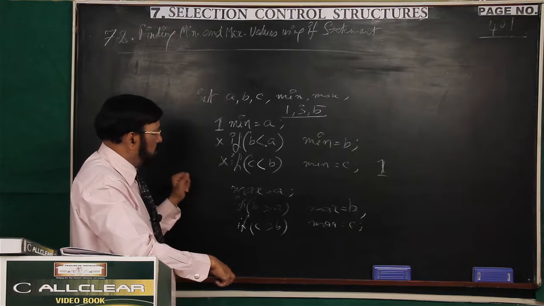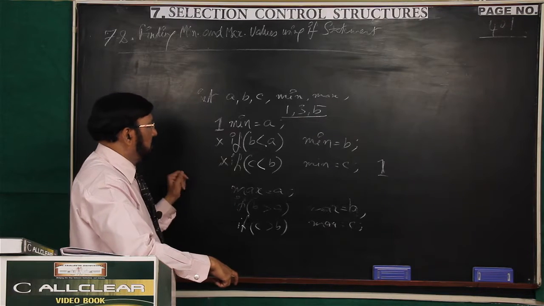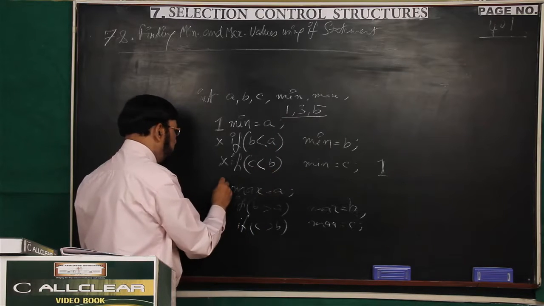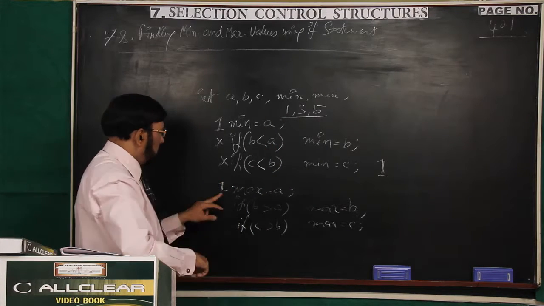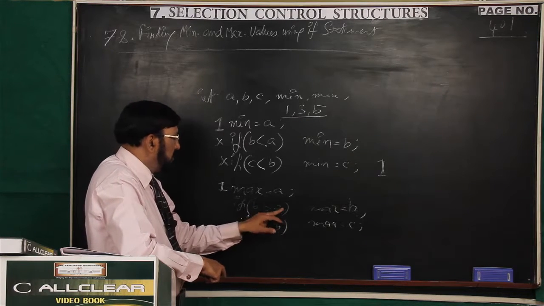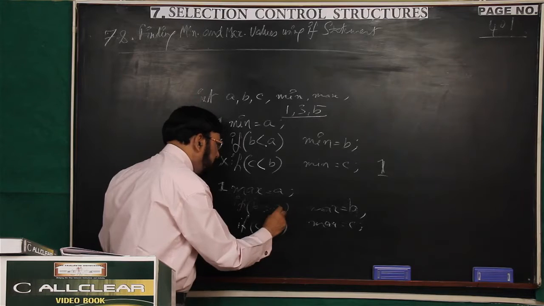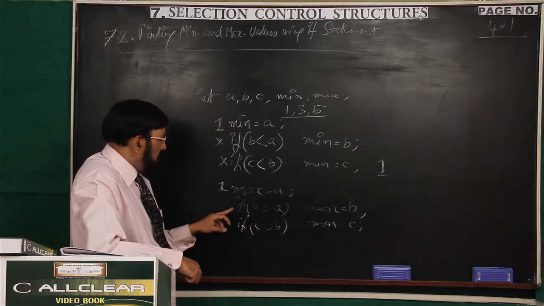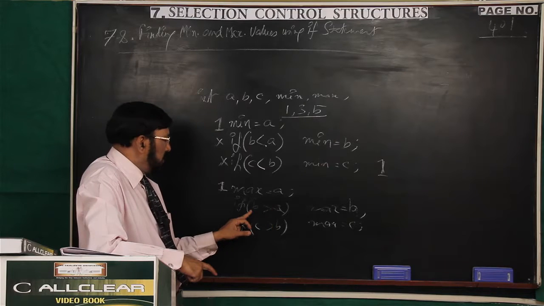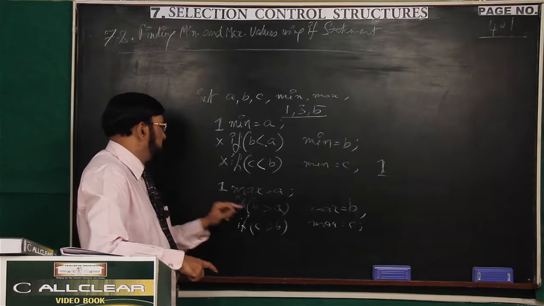Thereafter, come to max. We assumed A is max. Then if B is greater than A, now you see, B is 3 and A is 1. This is true.